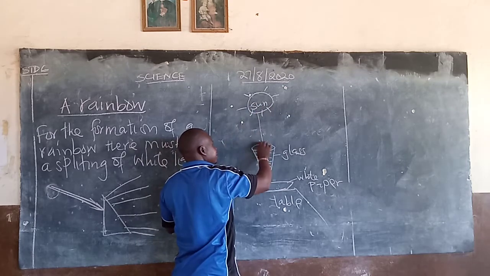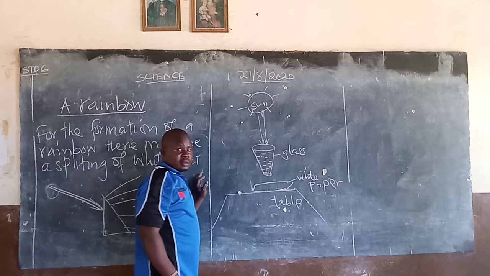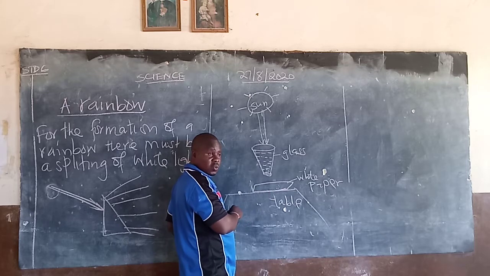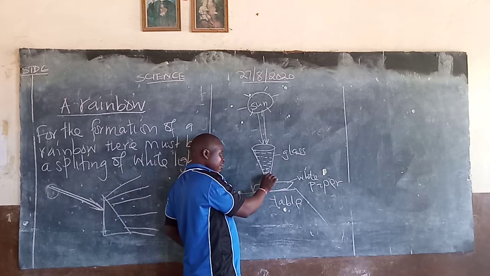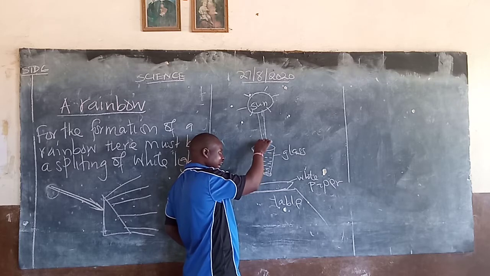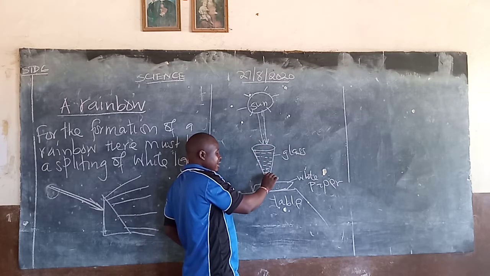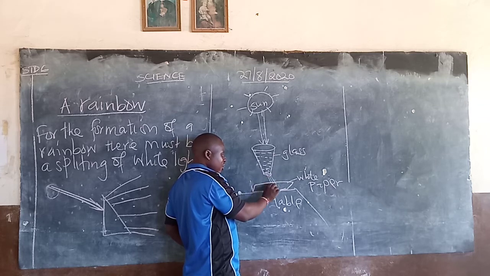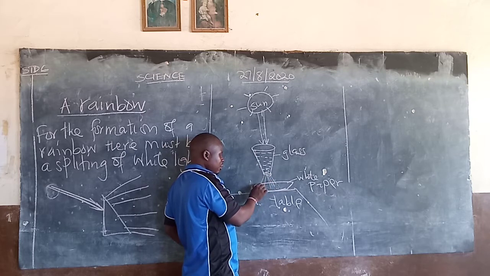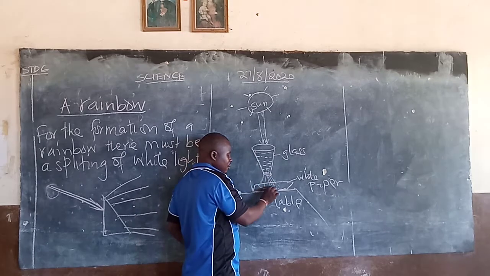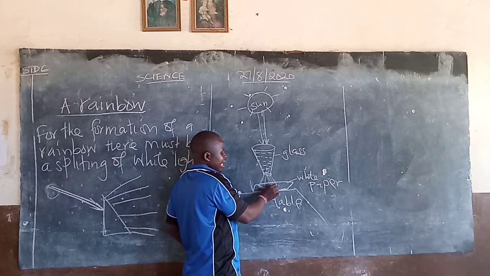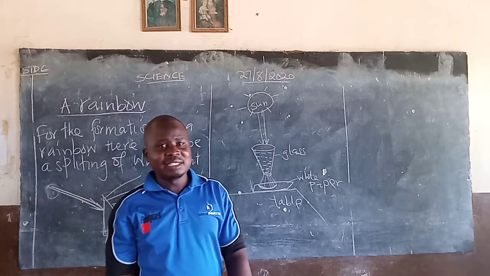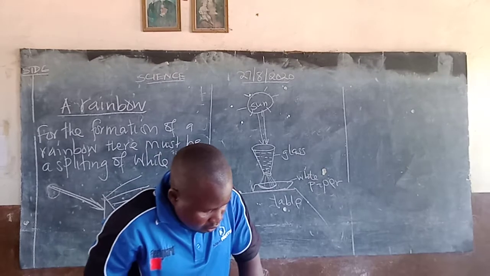As the rays reach the water, and the sun hits the water here, a rainbow will be formed on this white paper. You will see a rainbow being formed with the 7 colors. So I said rainbow has 7 colors.